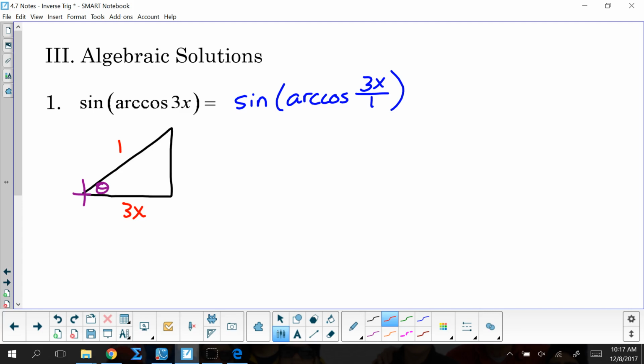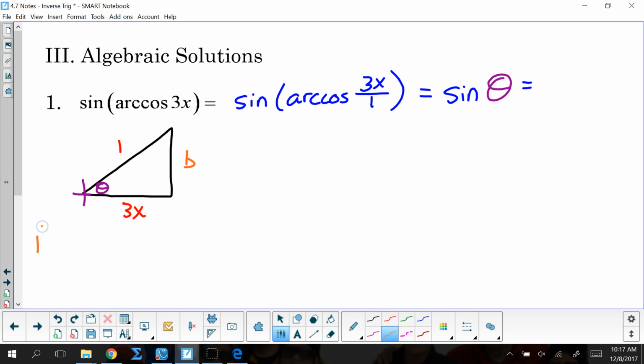So I'm looking here for the sine of theta. Sine of theta is going to be my opposite side, which I don't have yet, so we should find that using the Pythagorean theorem. Let's call this b.